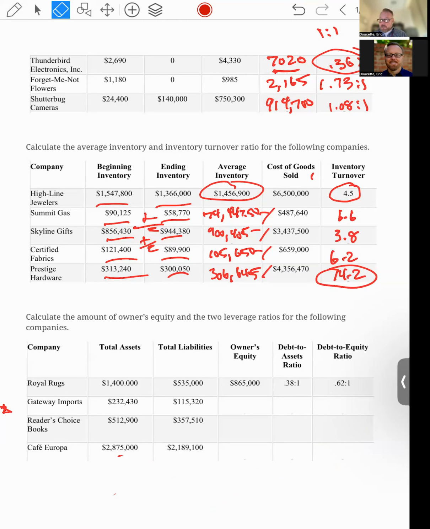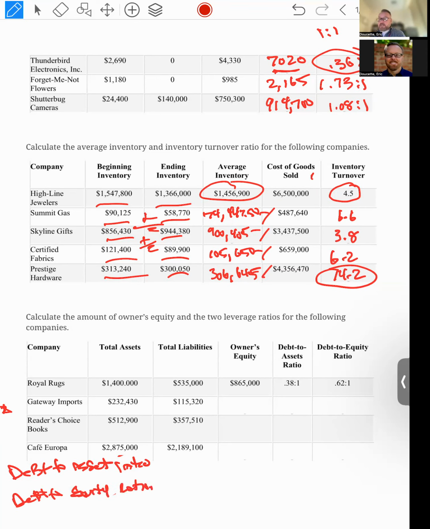So we'll draw up the two formulas here: debt to asset ratio, and then a debt to equity ratio.